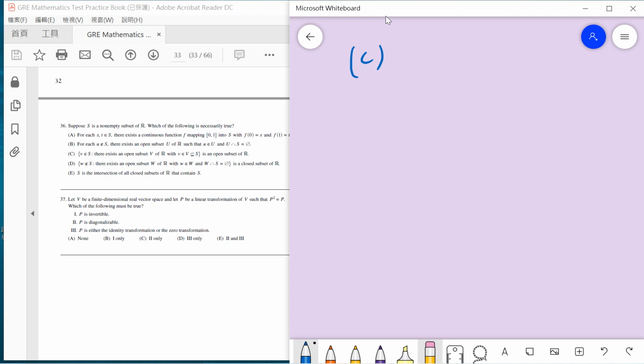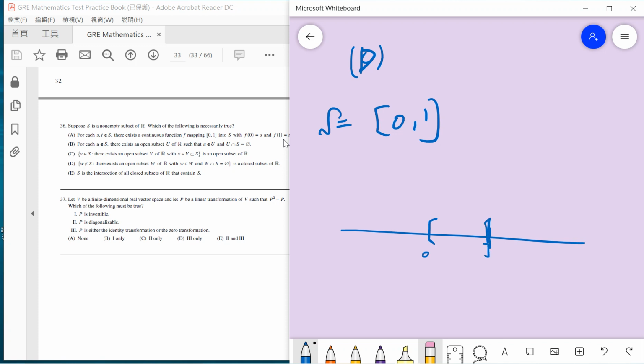How about D? For the D, if I choose S to be 0, 1, and you want to collect the points which are not inside S, but that can be covered by some open set, and that open set has no intersection with S. He claimed that the collection of those points should be closed.